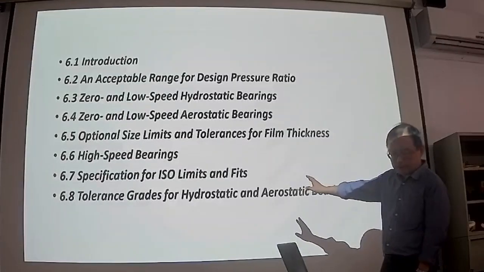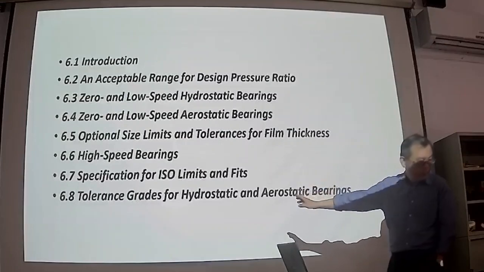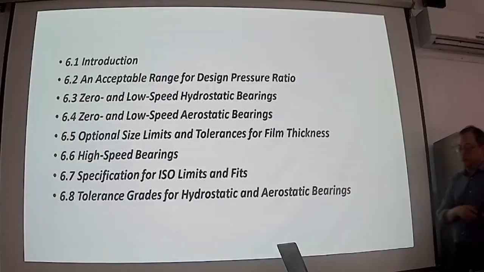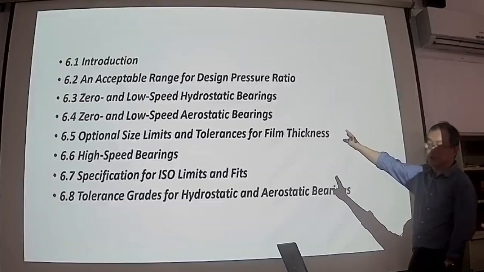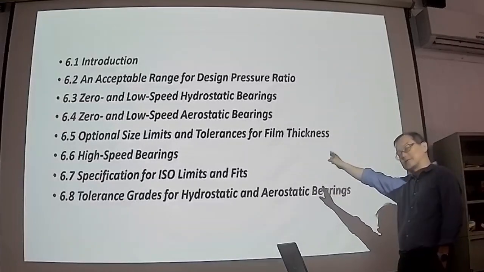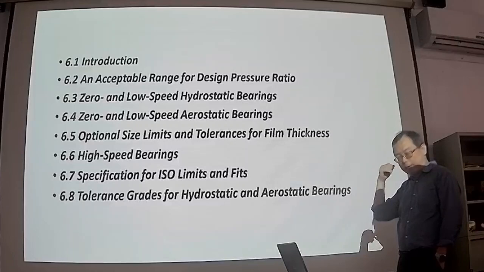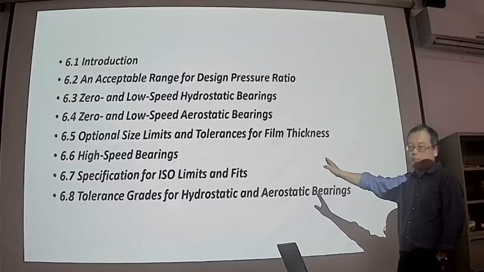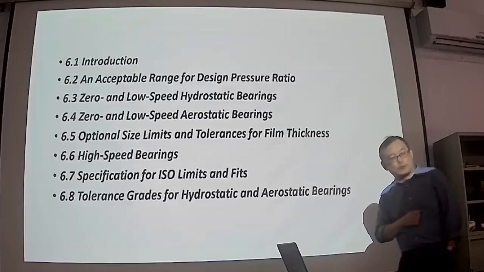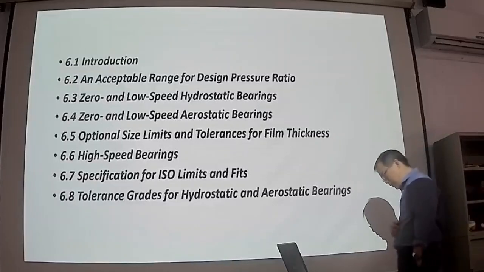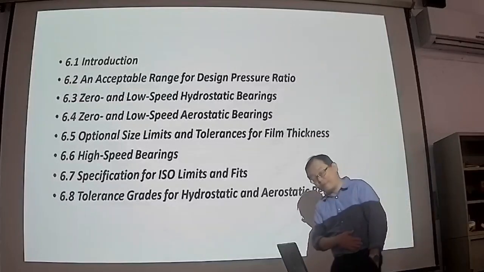So this is more or less what we mentioned last week for the content of chapter 6. We start from the selection of the design pressure ratio, which is the recess pressure divided by the supply pressure. Usually the acceptable range is PR divided by PS equal to 0.5.